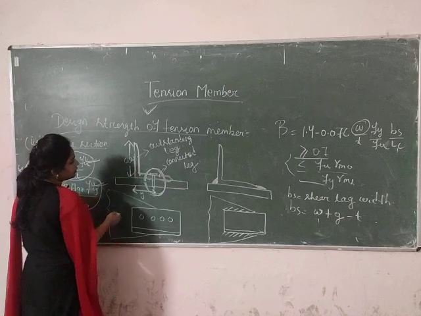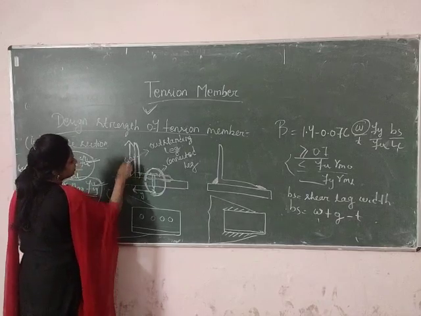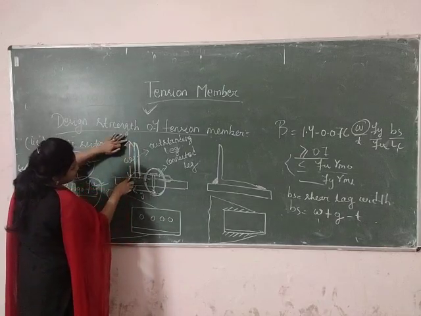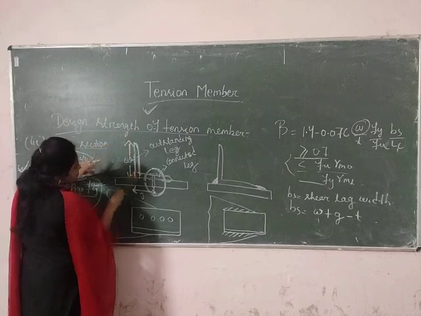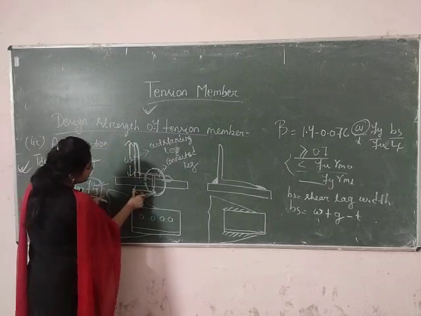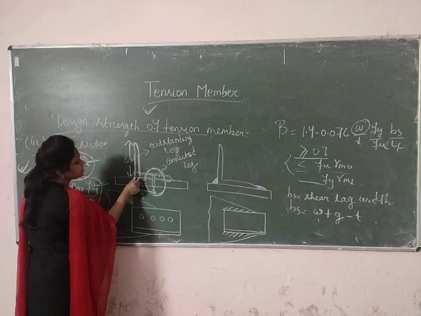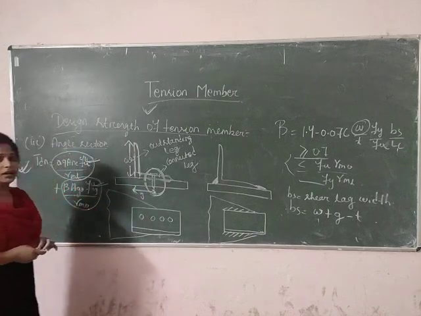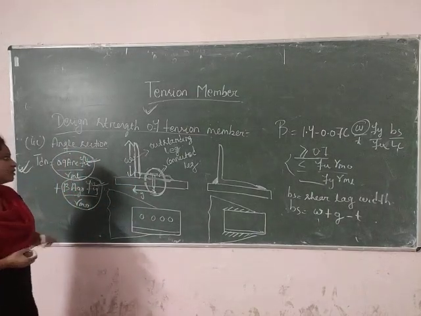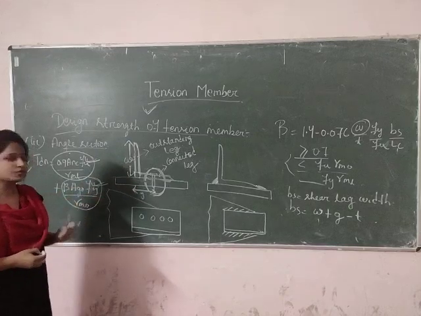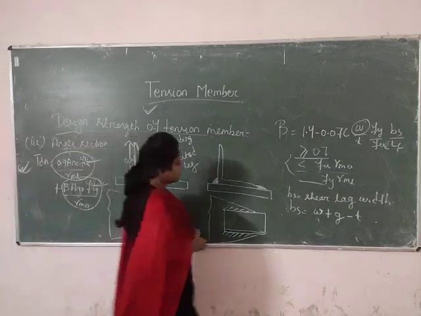Here we are adding this thickness twice. In W also this thickness is coming, and in G also this thickness is coming. So this thickness is coming twice while we are adding W and G, so we deduct the thickness.